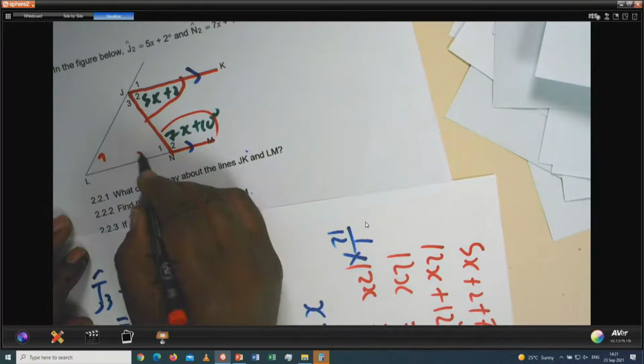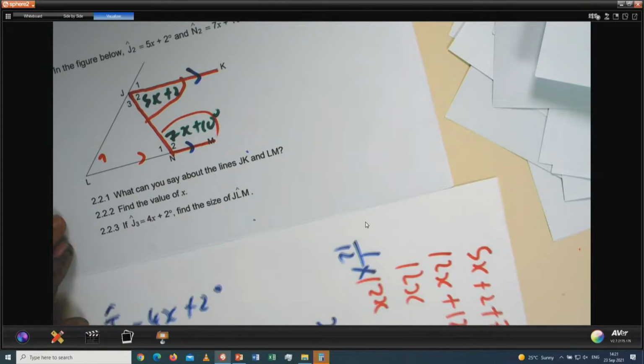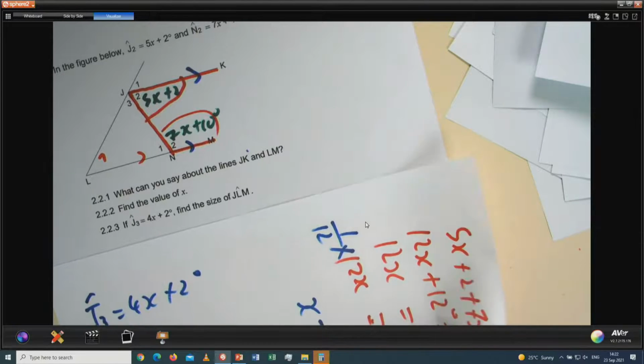But you still remember these lines are parallel. What more information do we have? They've given us J3, but we just calculated that x is 14 degrees.